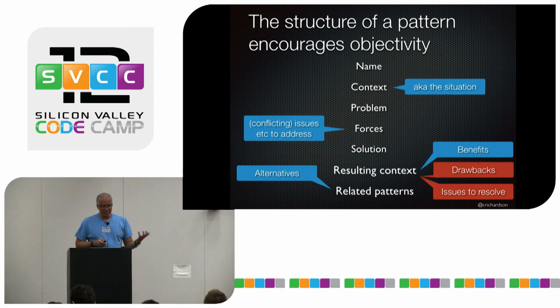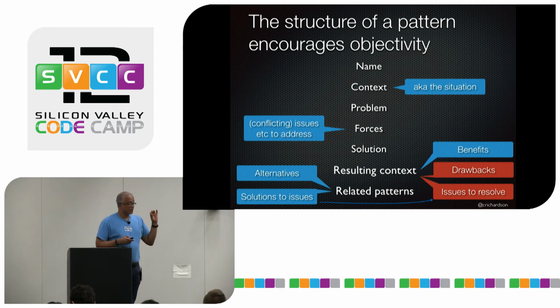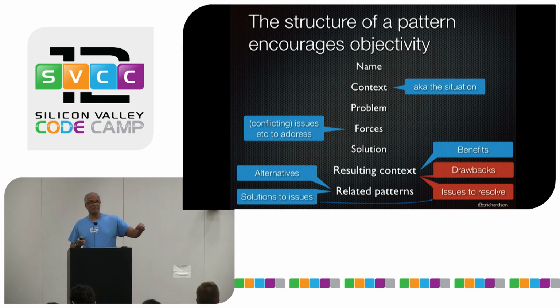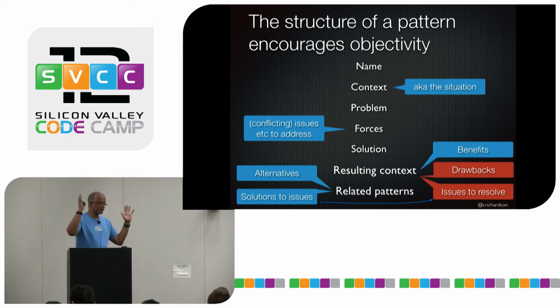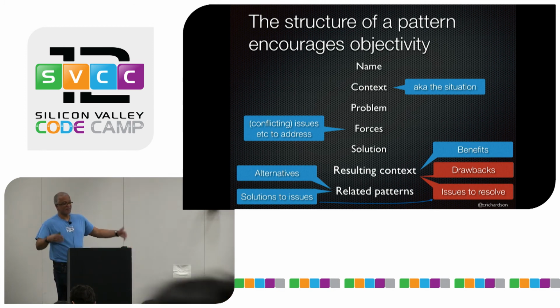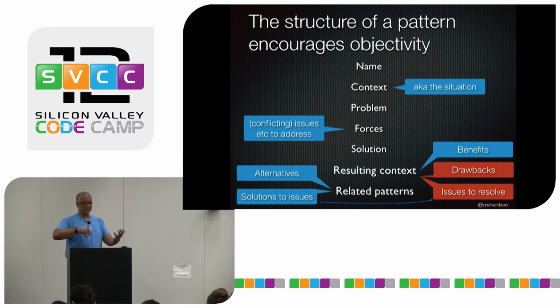And then the other part of the related pattern section that is super useful is you have to list the patterns that solve the issues that this pattern introduces. So it's like, okay, here's the microservice architecture pattern, and here's the gazillion other patterns that you now have to apply in order to solve the problems that you've just created for yourself.